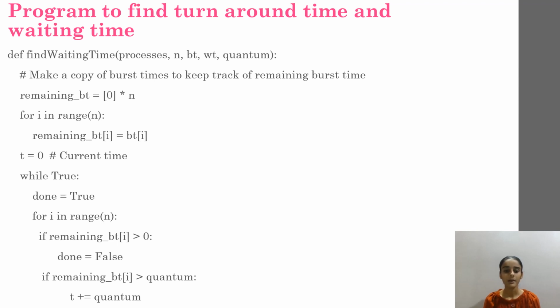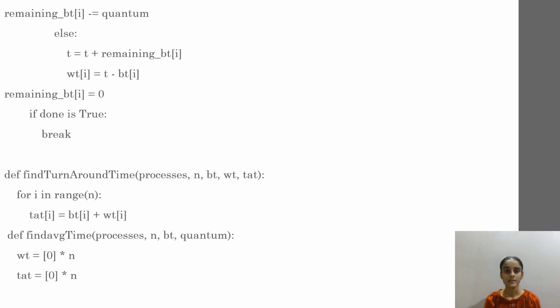If remaining burst time is greater than quantum, t plus equals quantum, remaining burst time minus equals quantum, else t is equal to t plus remaining burst time. Waiting time is equal to t minus burst time. Remaining burst time is equal to 0. Done is true, break.